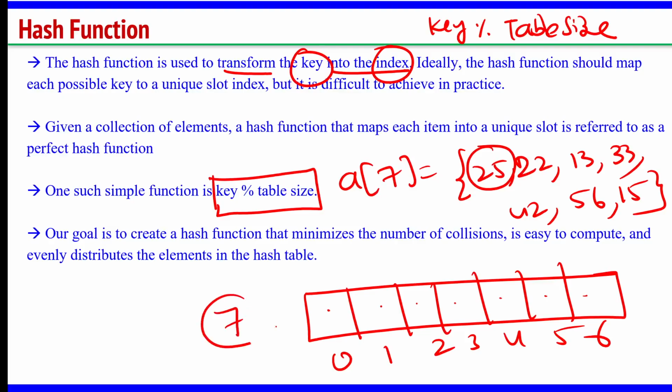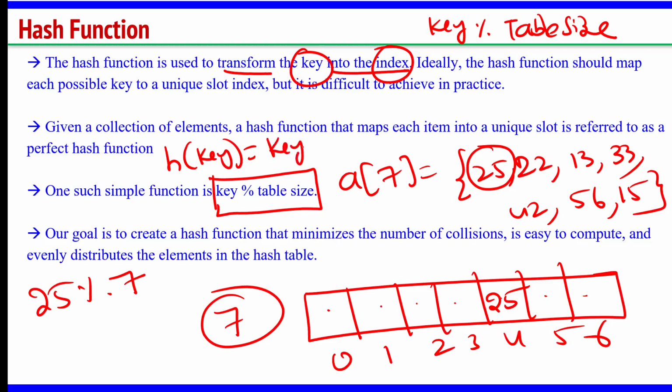So the table size is 7. 25 modulo 7: 7 threes are 21, the remainder is 4. So 25 will come here. How am I able to find this out? Using a hash function. H of key is equal to key modulo table size. This is the hashing function that helps us find an accurate location for these keys.